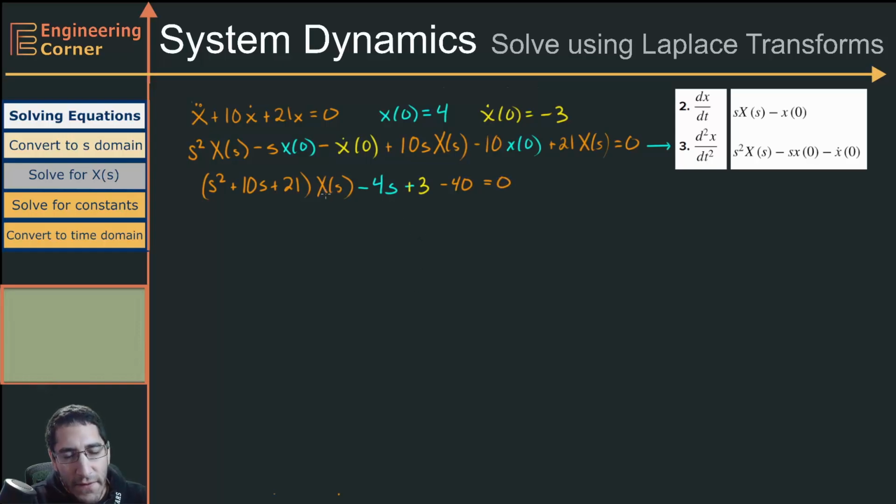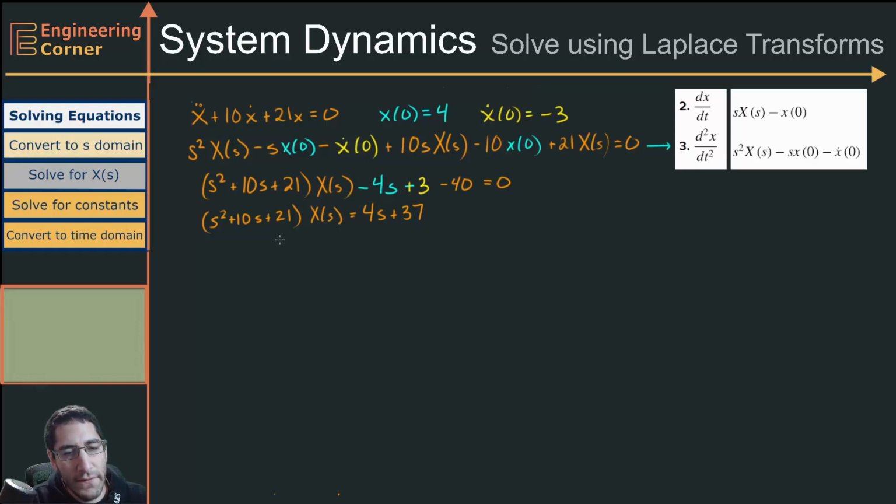We're solving for x of s, so these three terms are going to combine and go to the other side of the equation. So we'll have s squared plus 10s plus 21 times x of s is equal to 4s plus 3 minus 40. So this is going to be plus 37.